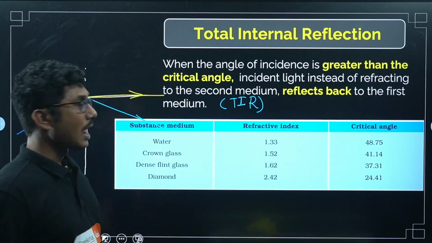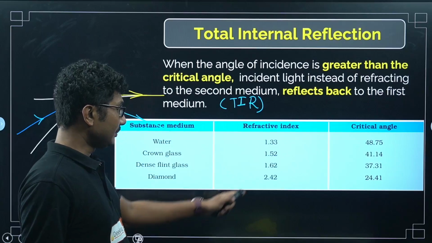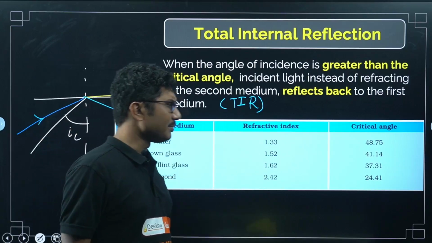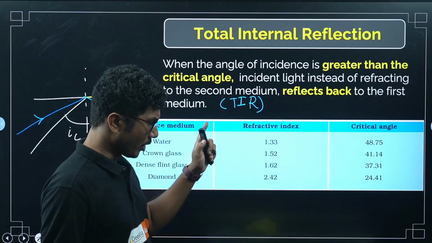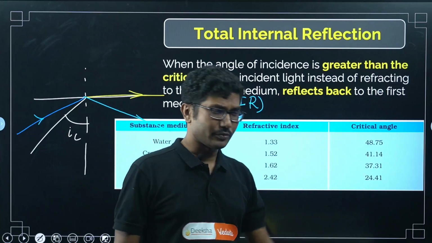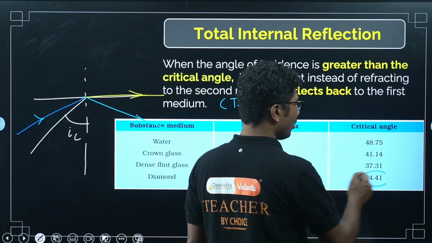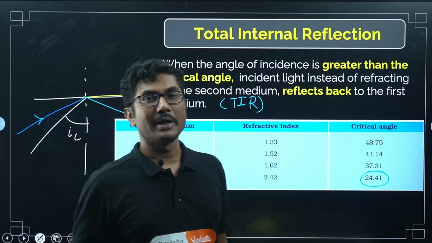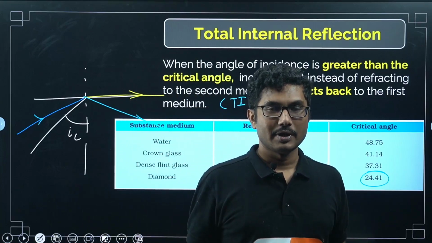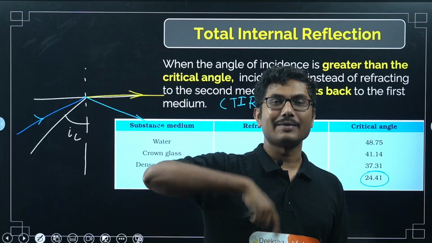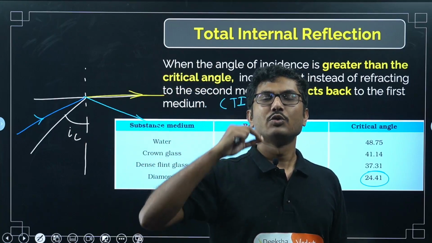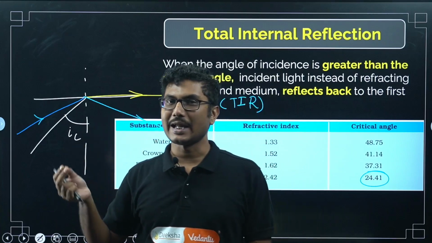Diamond is one of the highest refractive index materials. It has a refractive index of 2.42 and its critical angle is 24.41. Because of this high refractive index, when light enters a diamond, it basically gets trapped. It keeps on reflecting back and forth inside the diamond and can come out through only a few faces.